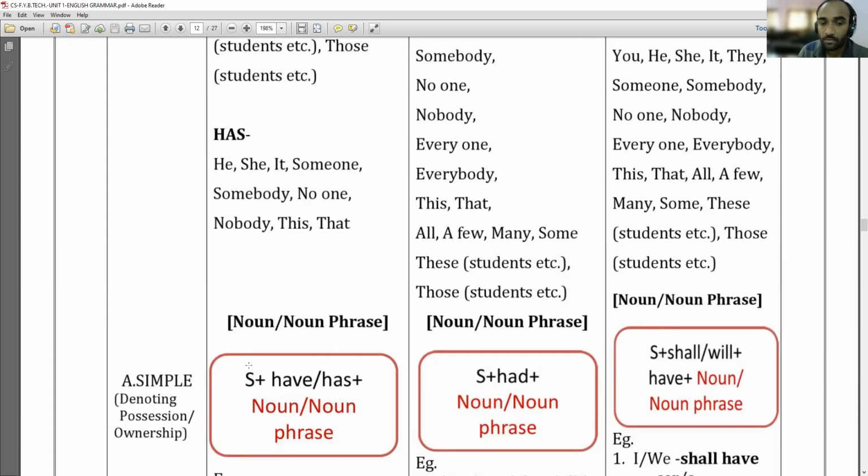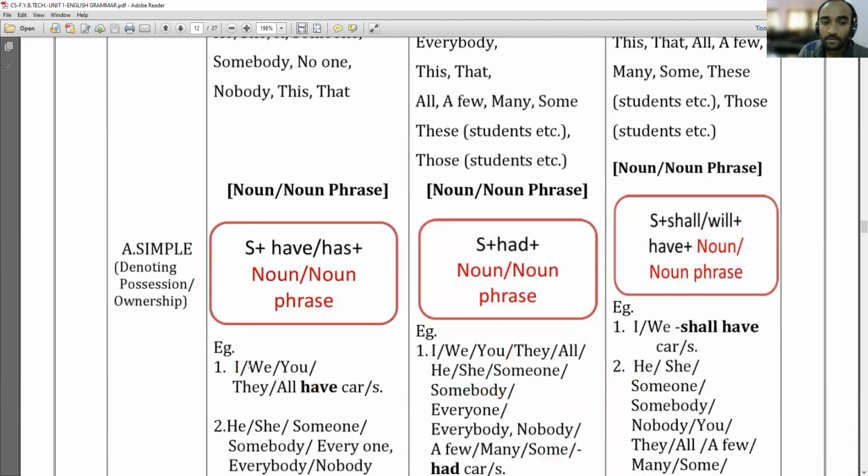We use them. Okay, and the sentence structure for formation of the sentences in the present for showing the ownership or possession is subject plus have or has plus noun or noun phrase. Here we are not using adjective. Okay, we are not using adjectives. We have to use noun or noun phrase.